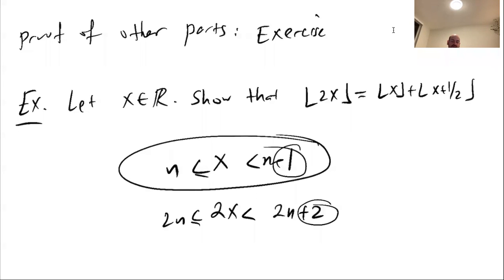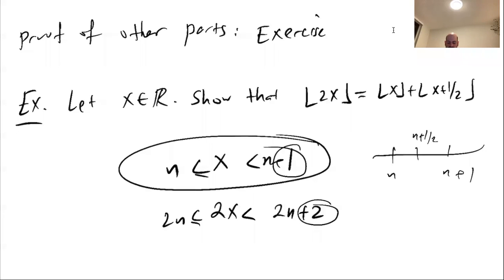If you look at the real line, say this is n, this is n+1, this gap is too big. But if I divide this into 2 parts, from n to n+1/2, and then from n+1/2 to n+1, then that gap is small enough to help me calculate the floor of 2x.